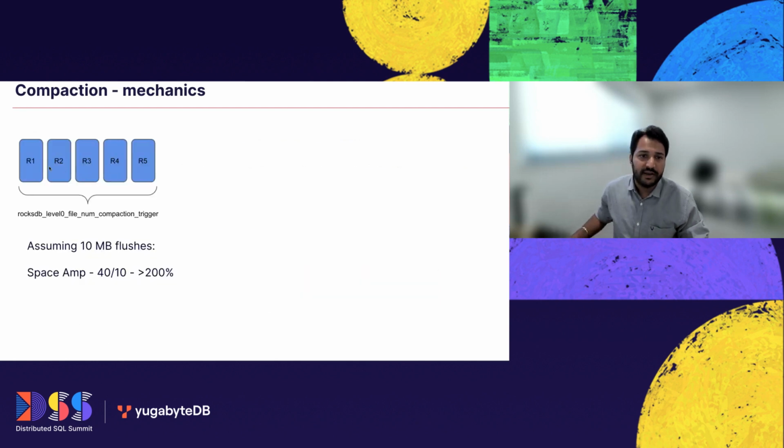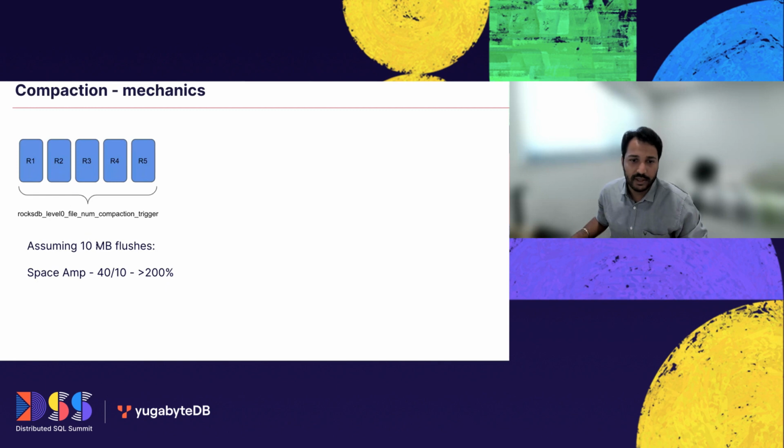So now that we have identified a candidate set, let's say R1, R2, R3, R4, and R5 are 5 SST files considered as one candidate set, and assuming these are all 10 MB each. So every time a flush happens at 10 MB, you are producing an SST file of 10 MB.